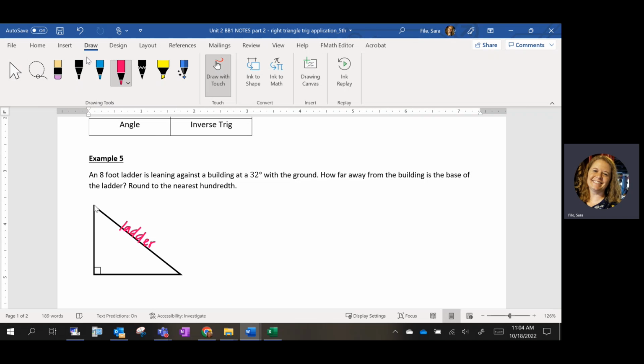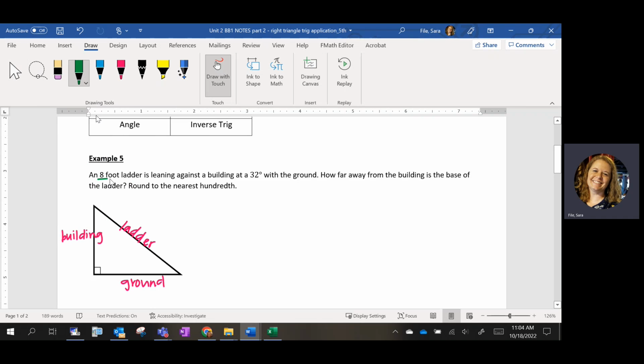And up here, this is how high up the building the ladder is hitting. Okay, and then what's this horizontal piece? The ground. You're not going to have to label like this, everyone. I'm just, for the sake of our first problem, making sure everybody understands that.